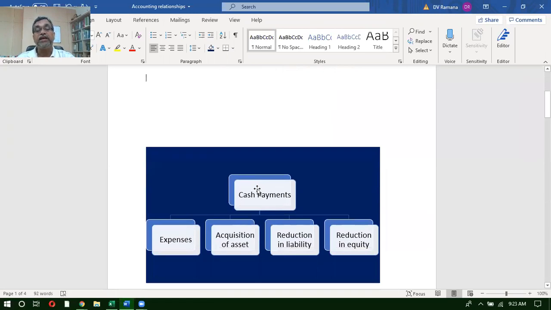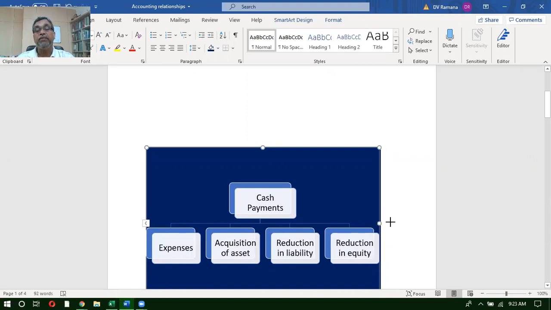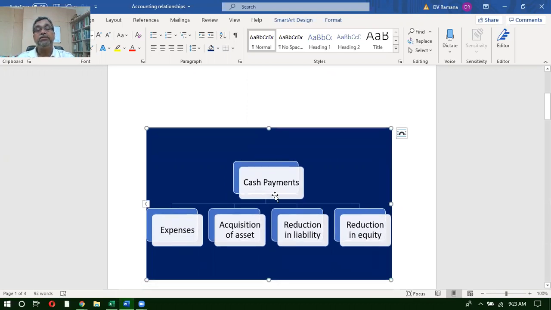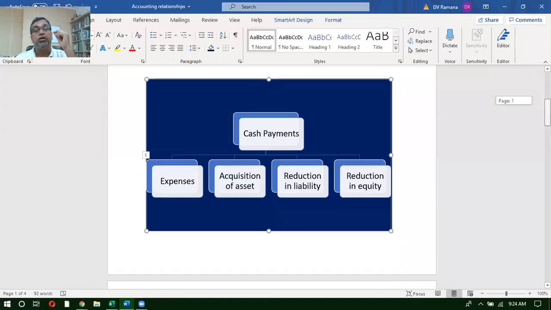The first one is a cash payment. Whenever you see a company making a payment, the payment may be because the company is incurring some expense, or the company may make the payment in order to acquire an asset, or the payment may lead to a reduction in liability, or a reduction in equity.